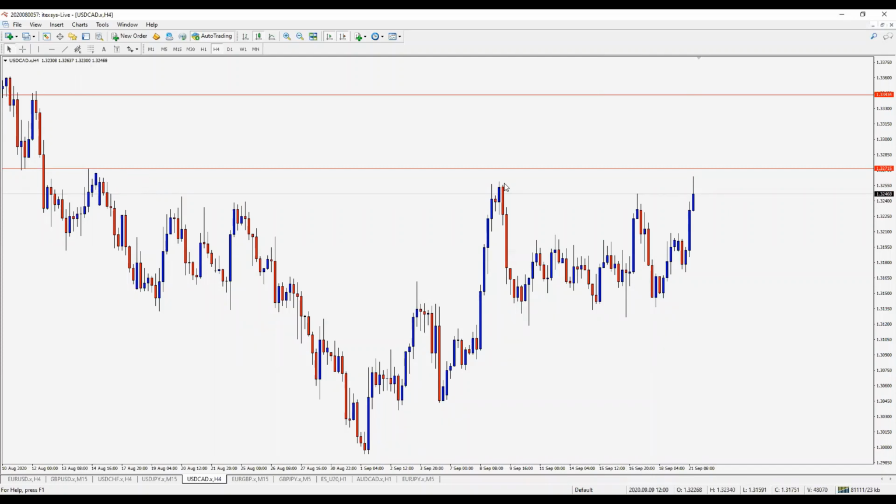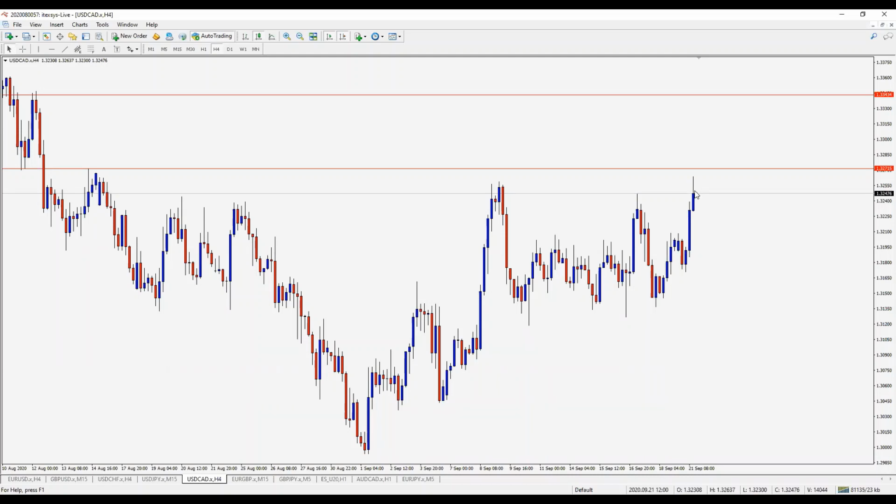This one and this one both count as the same resistance for me, and the price still didn't break out this level. So first I would like to see the price break out this level, then see the price retrace down to check some fresh demand, and then I will buy at this demand.